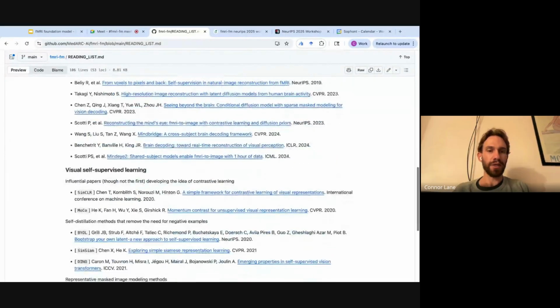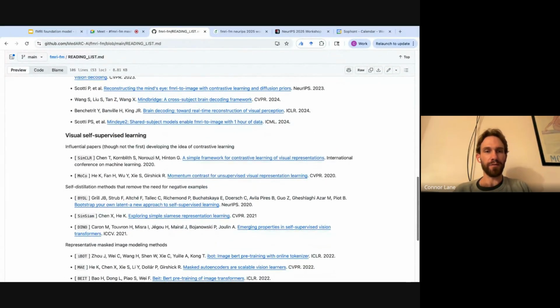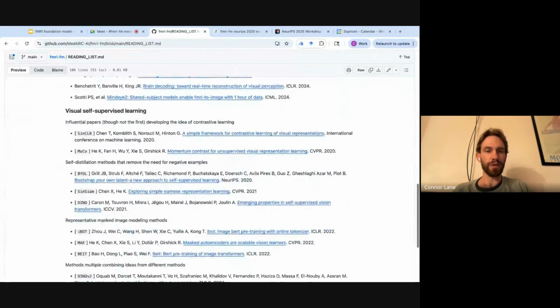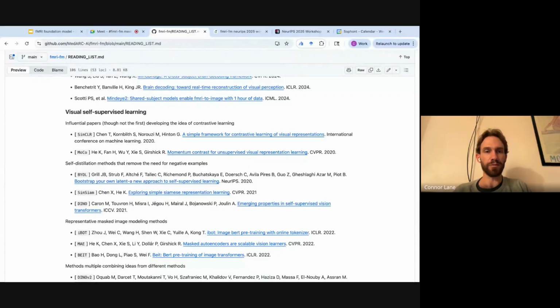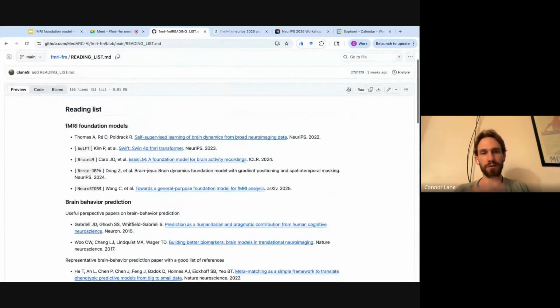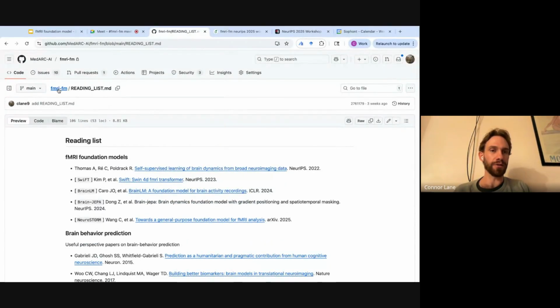And then lots of background on visual self-supervised learning, where we got a lot of inspiration from. You can go through these papers and basically get up to speed on what the literature for the project is.